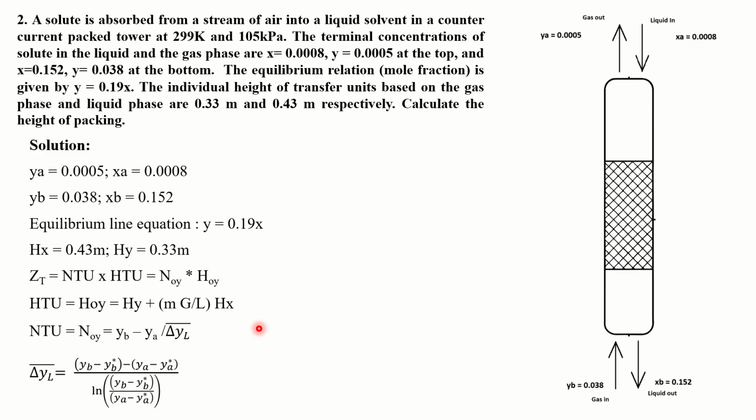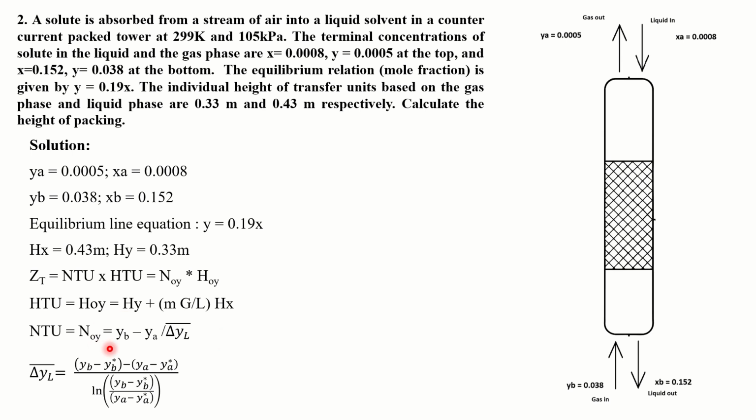The next step, number of transfer units. That can be calculated by using the formula NOY = YB minus YA divided by delta Y bar L. This simplified form of equation can be used only when the equilibrium line and operating line are straight and parallel.